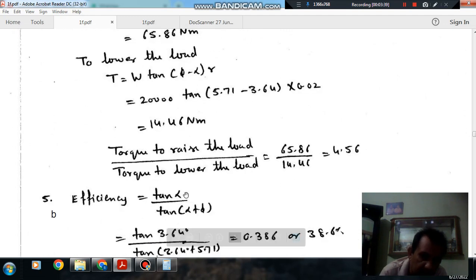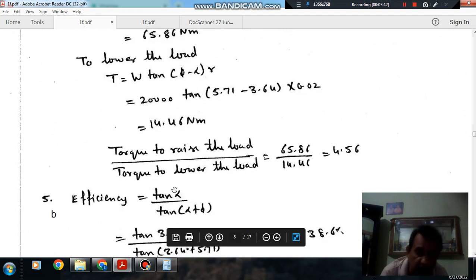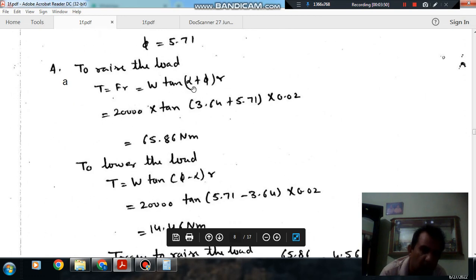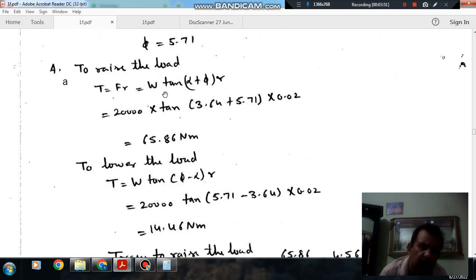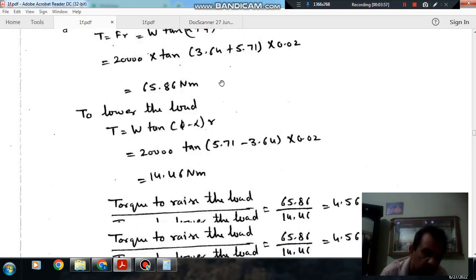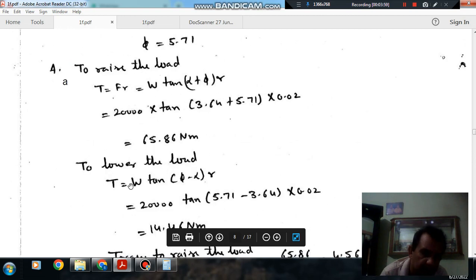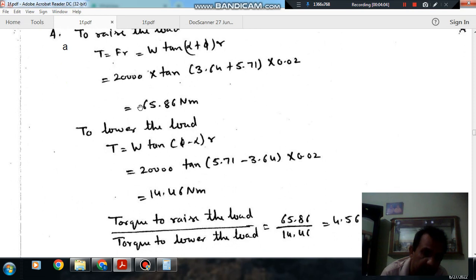So the force, or we can say the torque, required will be minimum when friction is not considered, that is W tangent alpha into R. The torque or force required will be maximum when friction is considered, that is W tangent alpha plus phi.